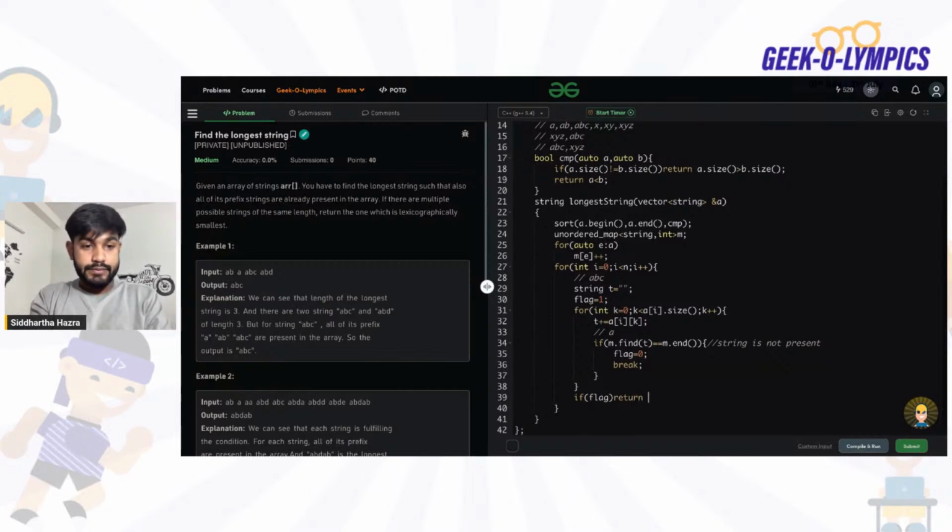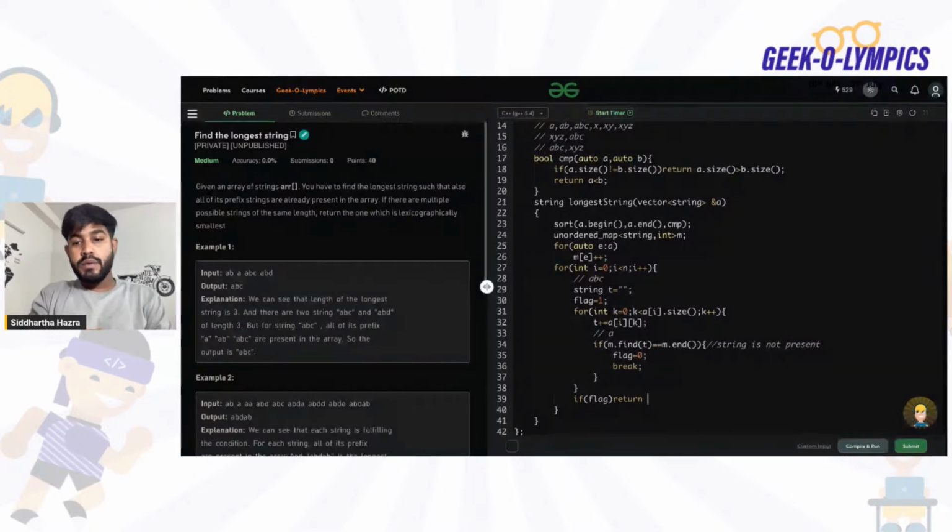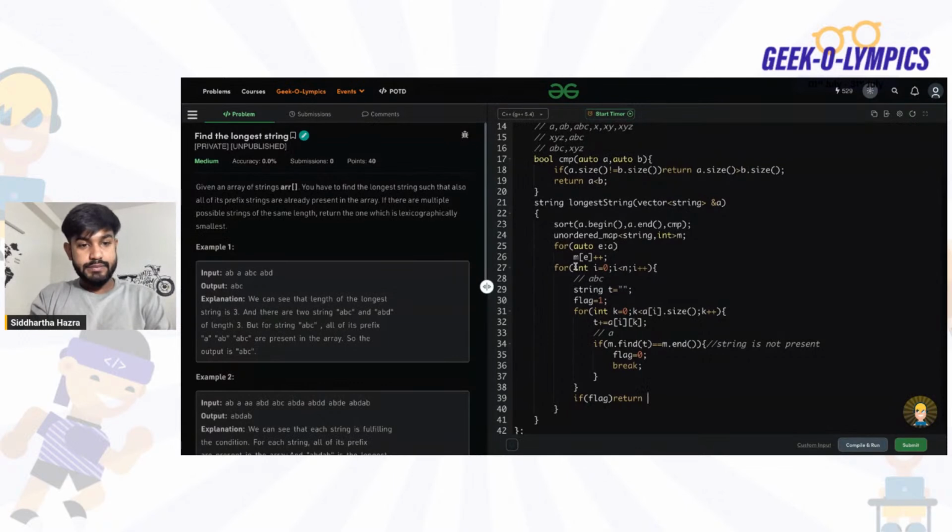return, if flag is true. Okay, first tell me if I'm clear till this point or not. Just give me a quick one. Second solution ही discuss हो रही है. If flag is true.